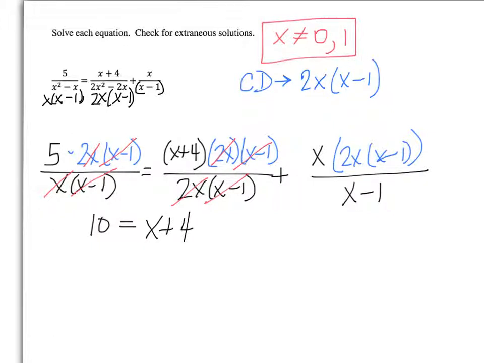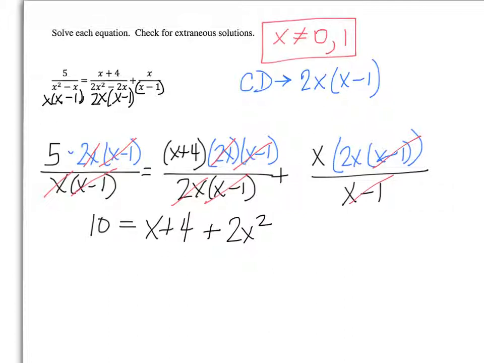The third fraction, x minus 1 will cancel, leaving 2x and x to multiply, which gives us plus 2x squared. Fractions are now gone. They were eliminated by canceling those factors out.